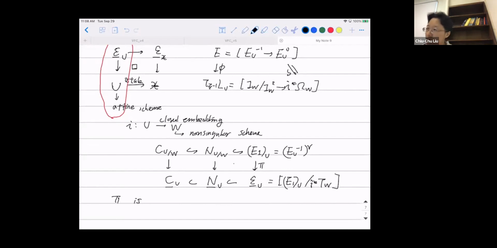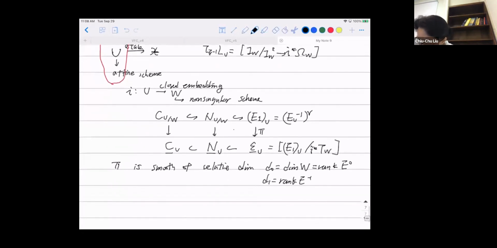So this pi is a smooth map from the scheme E_1 over U, of relative dimension d_0, where d_0 is the dimension of W, which is the rank of E_0. Let d_1 be the rank of E_1, and then the virtual dimension d is d_0 minus d_1, and it is the negative of the rank of this vector bundle stack.